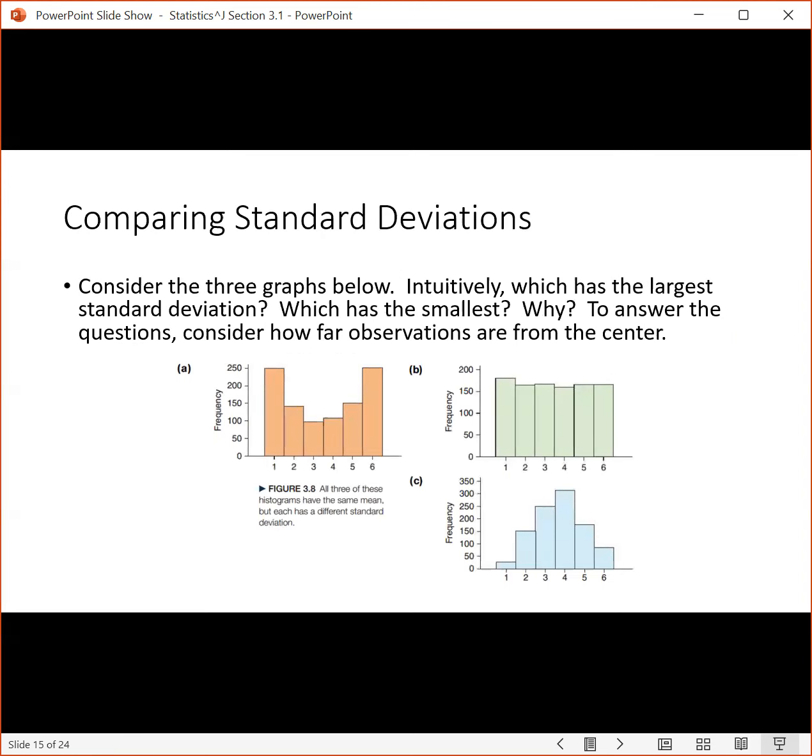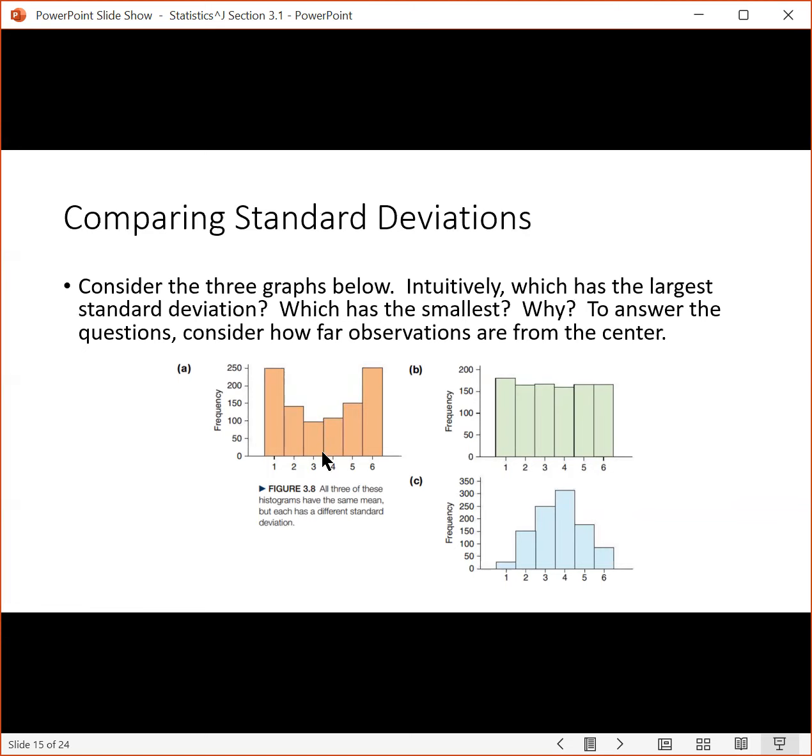All right, let's explore this idea more. Consider the three graphs below. Intuitively, which has the largest standard deviation, which has the smallest, and why? To answer this, we want to consider how far observations are from the center. So we've got our three graphs here. Here's the center.